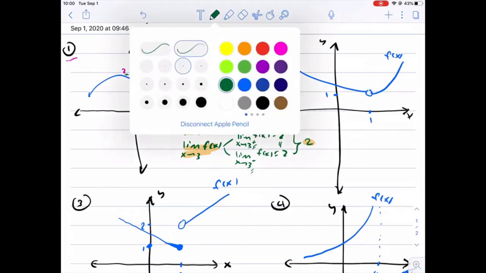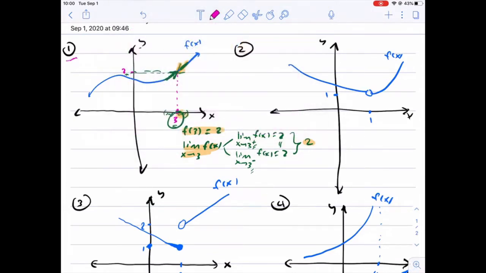Let's go to the second graph. For the second graph, as you can see, at x equals 1, the function is not defined because we have a hole here, and that means the value of the function at x equals 1 is undefined. But what about the limit?